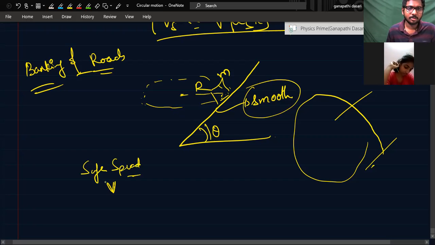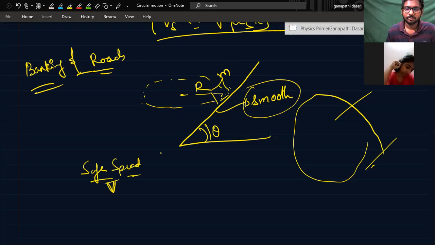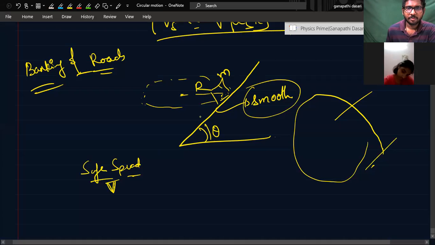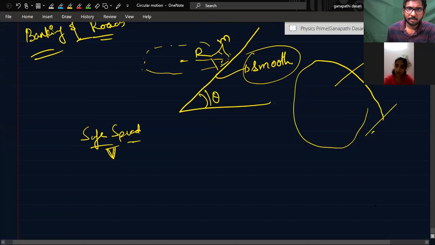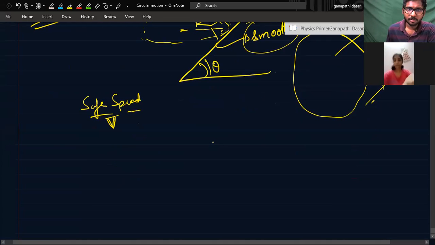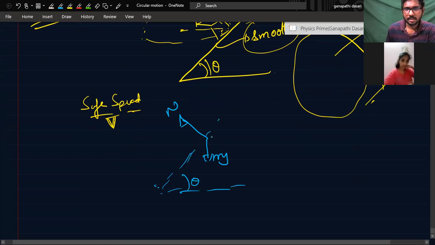We'll try solving this. We'll discuss. If you see this question, if I draw the free body diagram that I've already taught you, there is mg, and there will be normal reaction. This is theta, this is theta, mg cos theta.